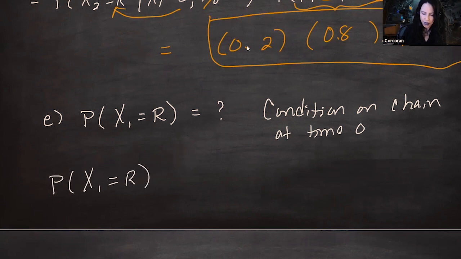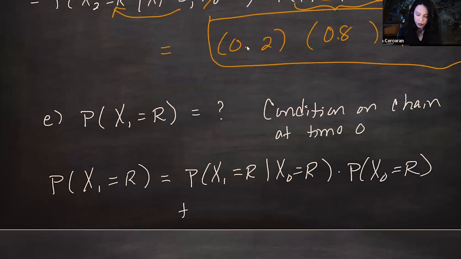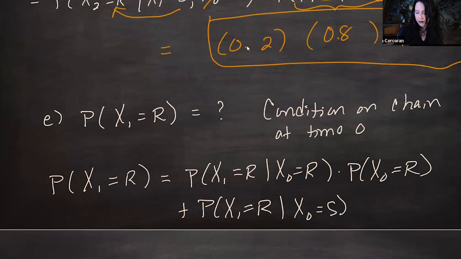Then I can write this out as the probability that X1 is rainy given X0 is rainy times the probability X0 is rainy. And I have to consider all the cases for X0. So then the probability that X1 is rainy given X0 is sunny times the probability that X0 is sunny.